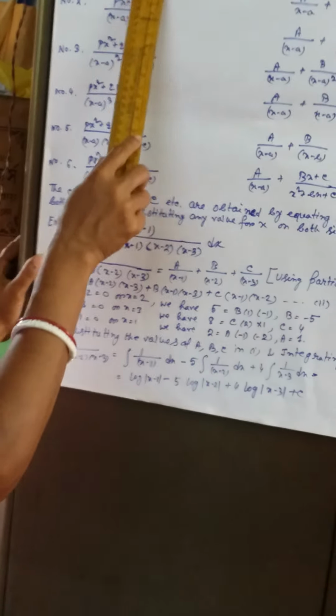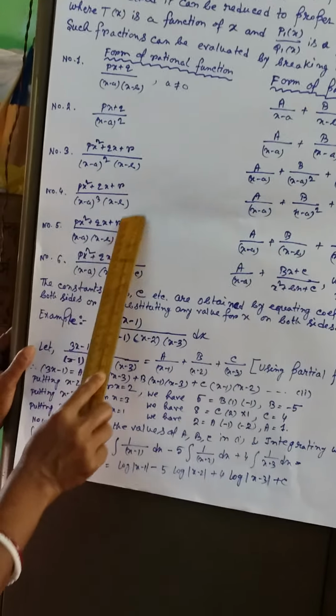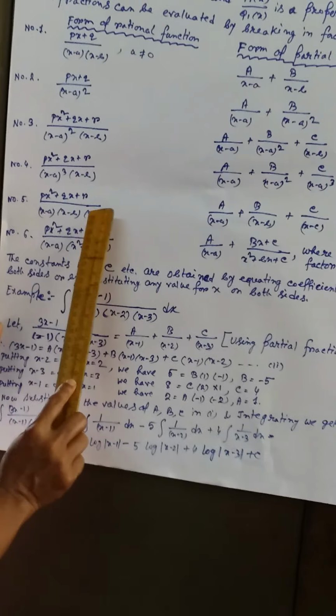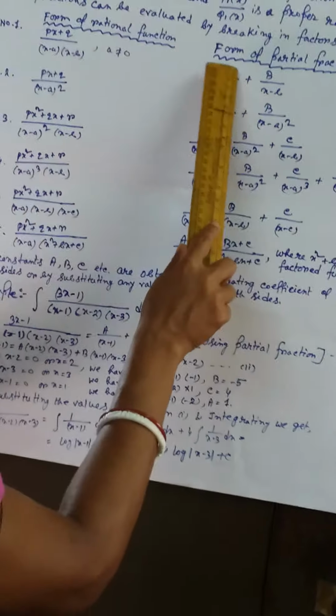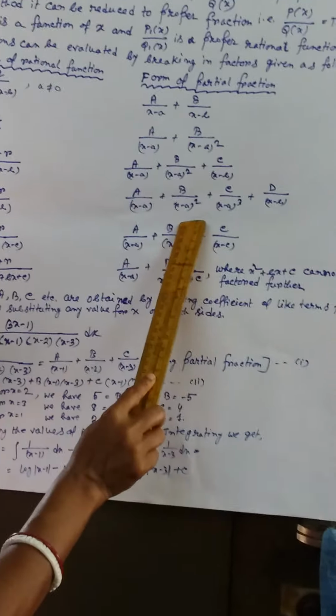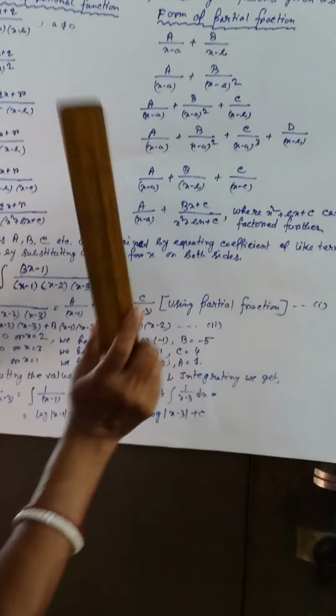Number 5: if the rational function is (px square + qx + r)/((x - a)(x - b)(x - c)), then the partial fraction is A/(x - a) + B/(x - b) + C/(x - c).